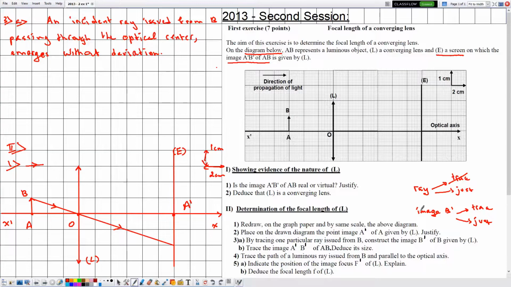Then this is the justification of the tracing of the ray. Now we need to trace the image B prime and justify it.